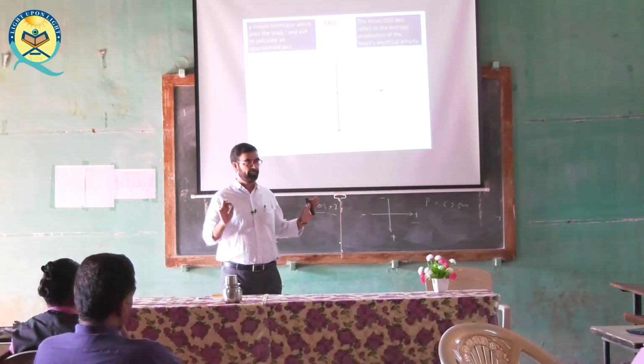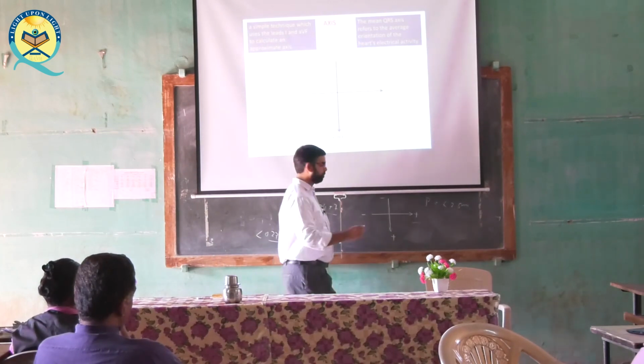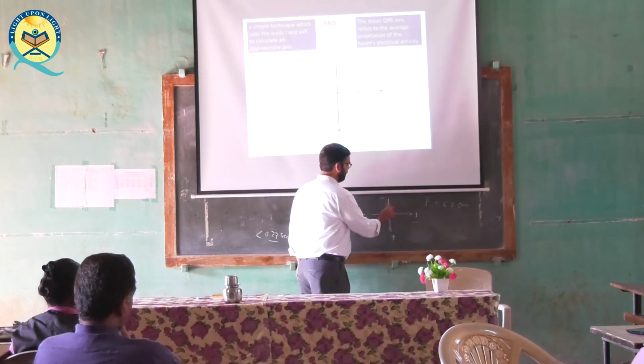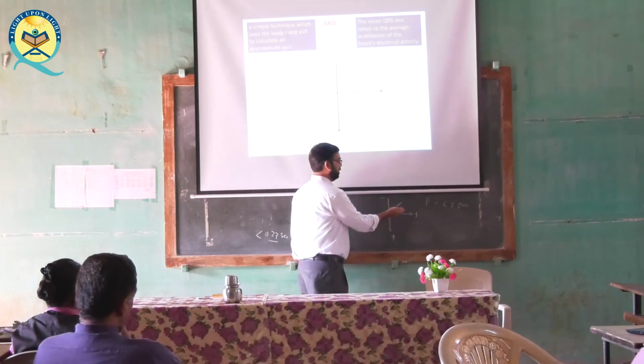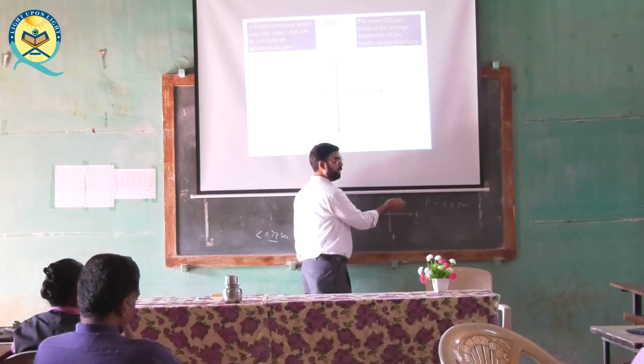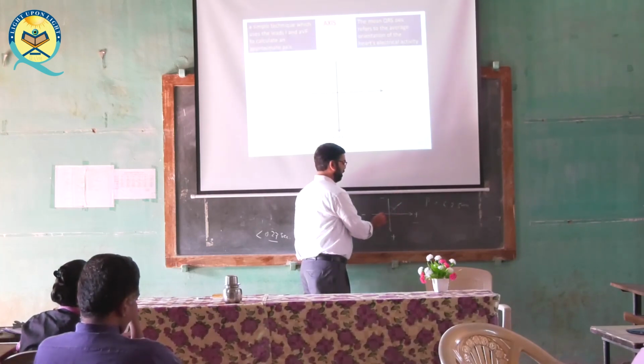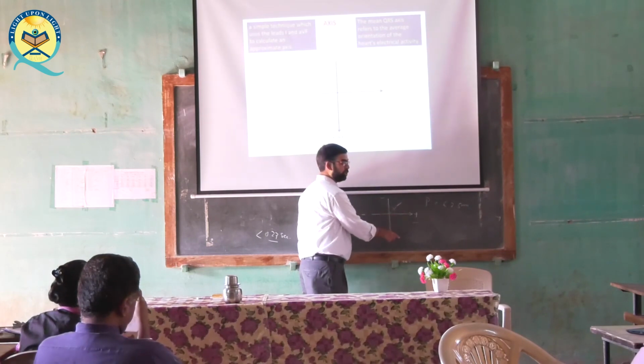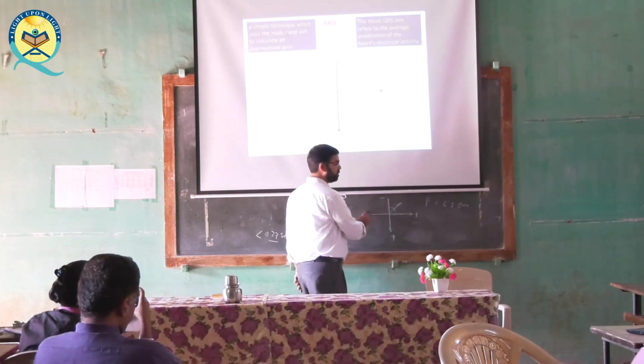Got it? Okay. Now this angle is negative, that is, this is minus 45. The angle which goes above is negative, and all this below is positive because this is negative and this is negative.